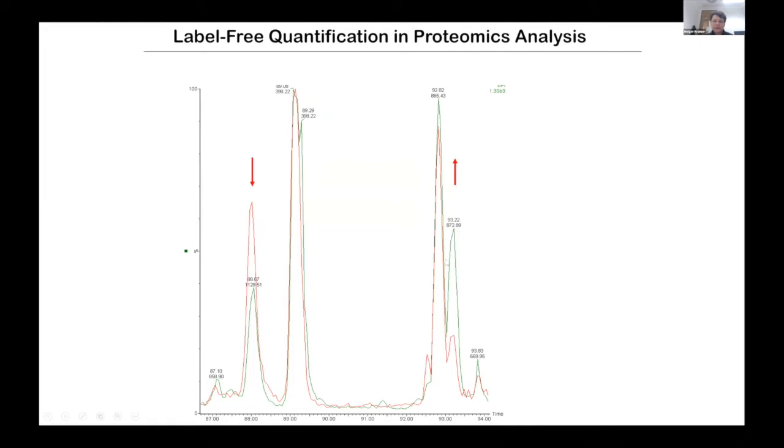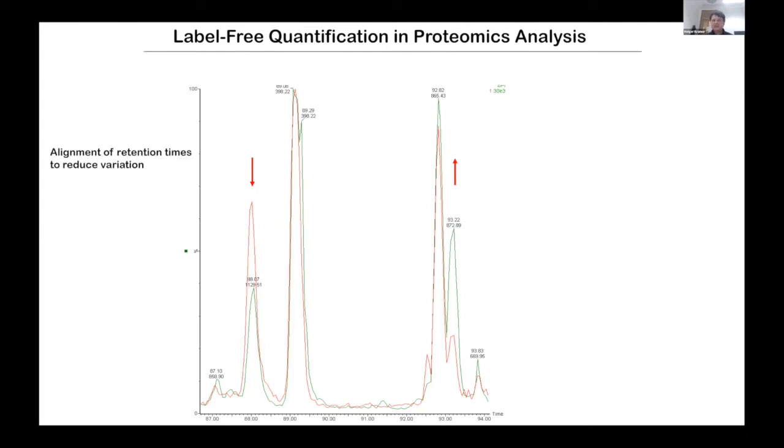Even though that sounds conceptually very simple, it of course means that each of the samples has to be injected and analyzed, run on the liquid chromatography system separately. So any variation in instrument conditions between the different LC-MS runs will affect the accuracy of quantification. That is one challenge.